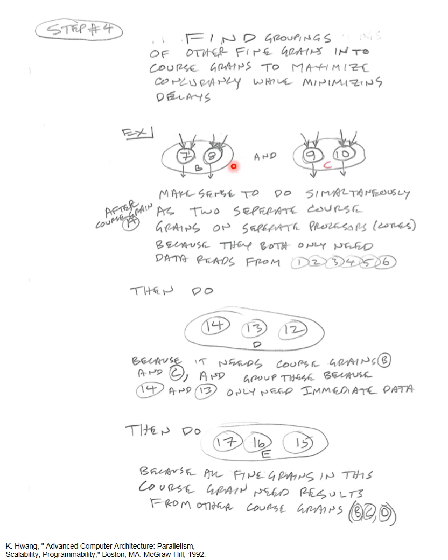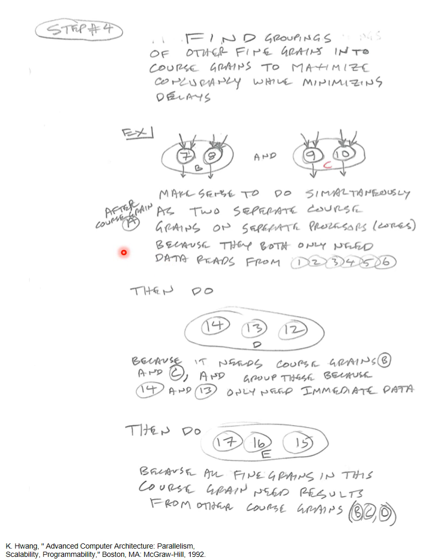So go back and look at the original graph with the delays, the sketch, and the first step, and then make coarse grain A, and then coarse grain B, and coarse grain C. And it makes sense to do these 2 simultaneously as 2 separate coarse grains on separate processors, cores, because they both only need data reads from the first simultaneous 6 loads.